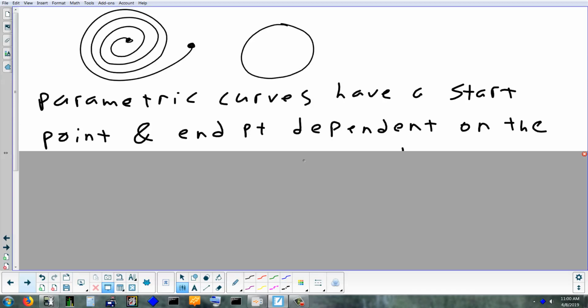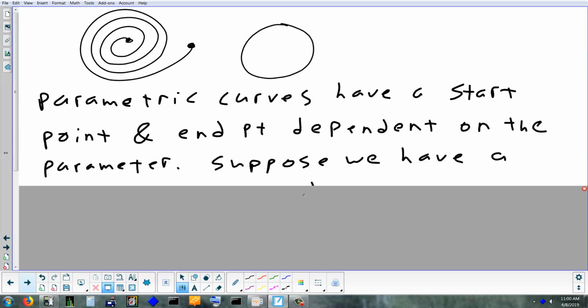But technically, it still has one. And what's going to control where a parametric graph starts and stops is the parameter. It's the t. And you're not going to really have a choice what t is. They will tell you what they want t to be in the problem.